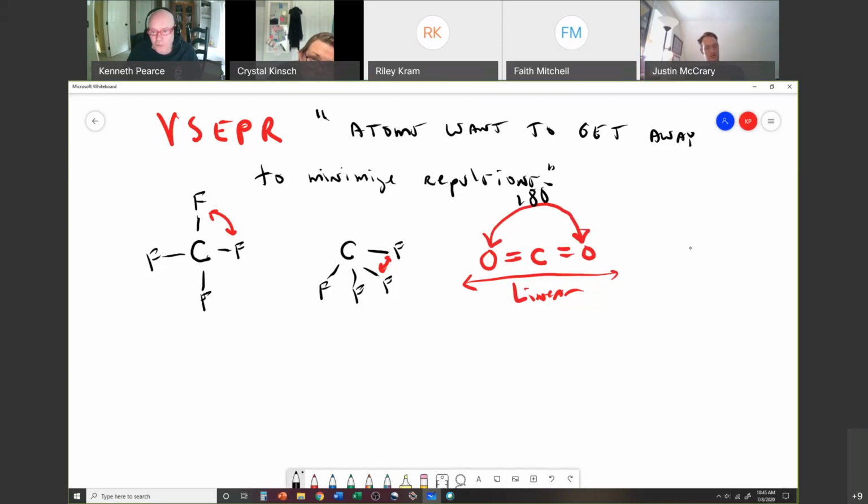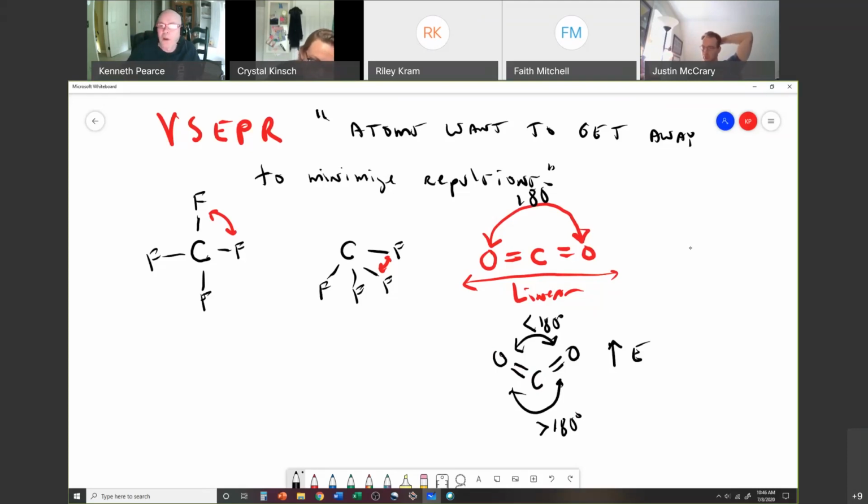Now, you can also say, if we move these things like this, then this becomes less than 180 degrees, and this right here becomes greater than 180 degrees. So this is higher energy, so the energy goes up for this, because they're closer.